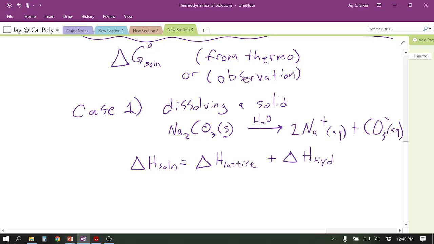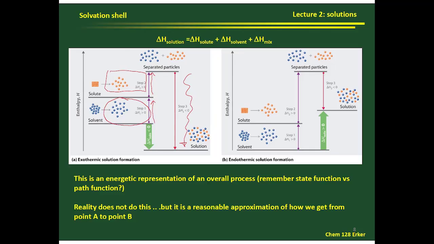Now, this isn't really doing anything different than we've already done. All that's happening is I'm putting these two terms, the delta H of solvent and the delta H of mix, together for this particular situation of dissolving a solid in water. The other thing that's interesting about this case is the delta H of hydration, because this solvent term is just dipole-dipole interactions, right?